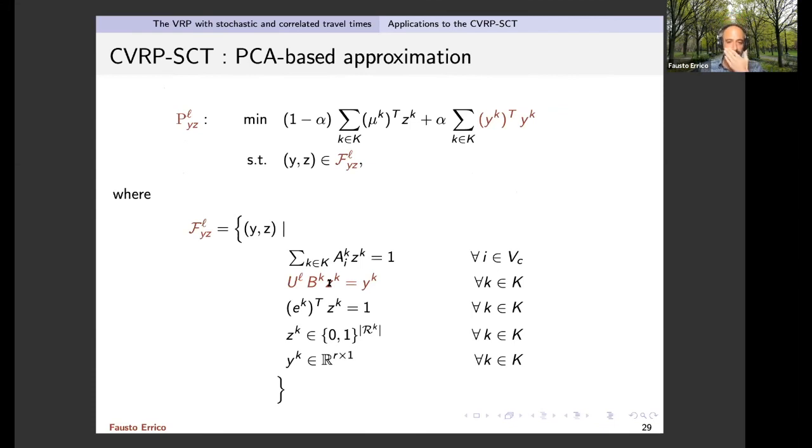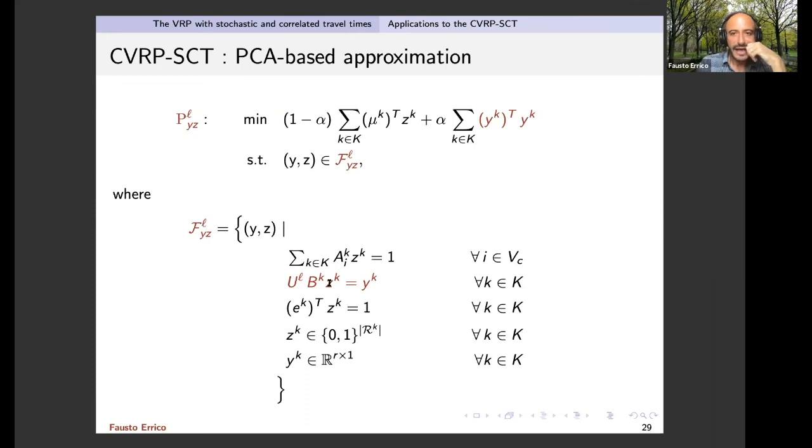The interesting thing for the specific case of the vehicle routing problem is that the x variables that were carrying the information about the correlation are not in the model anymore. The y variables are substituting the x variables in this part. And so you now start understanding why it's particularly interesting for the case of CVRP to use this kind of approach.